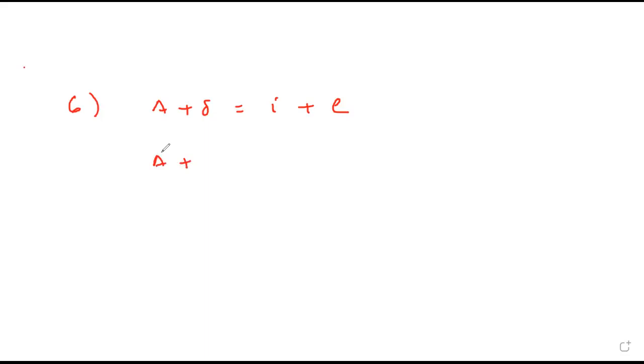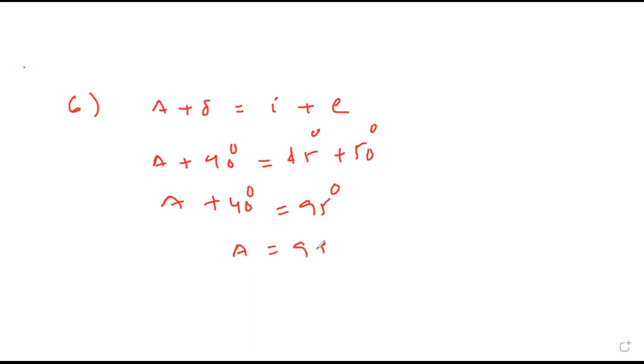Yes, sir. So it deviates through 40 degree for two angles, one is i, other is e. So 45 degree plus 50 degree, so A plus 40 degree will be 95 degree. Therefore A is 95 minus 40, A equals 55 degree. This is the answer. A is 55 degree. So one line is not printed: what is the angle of prism?